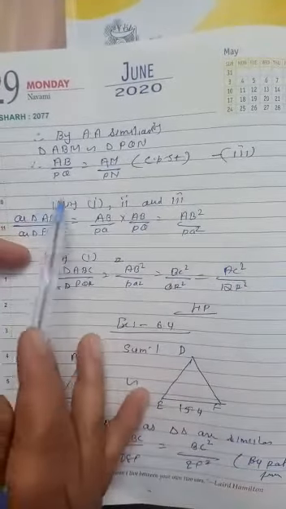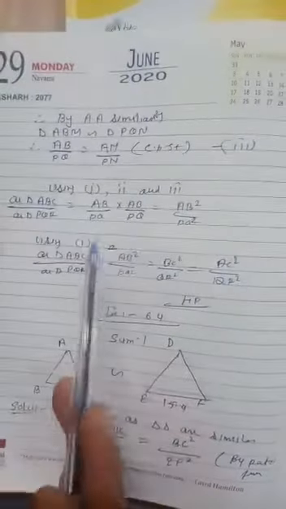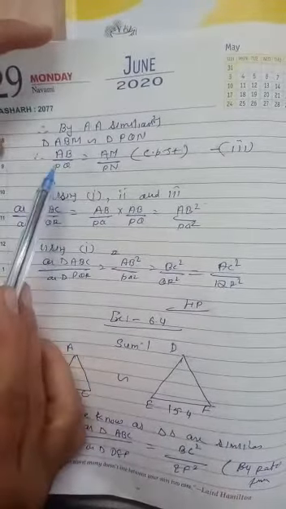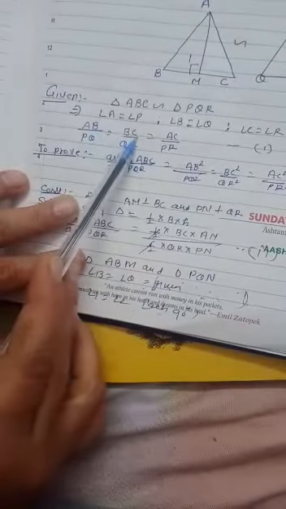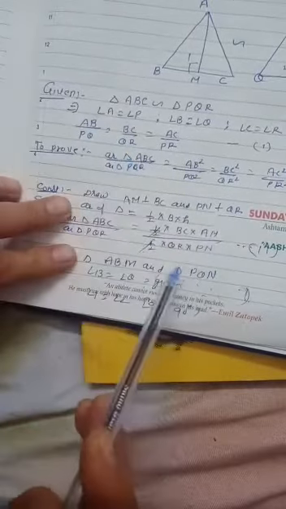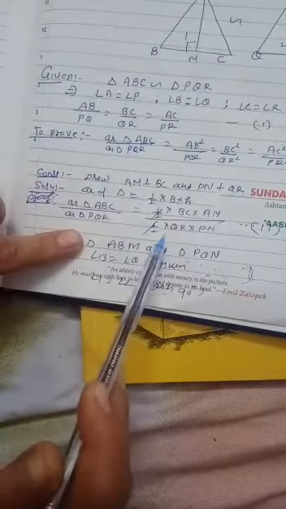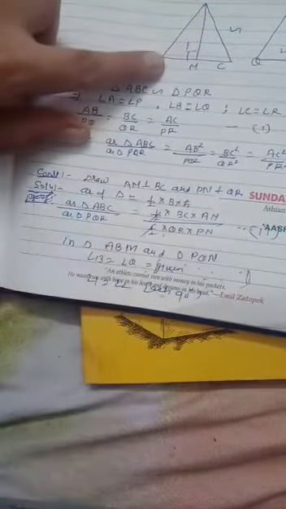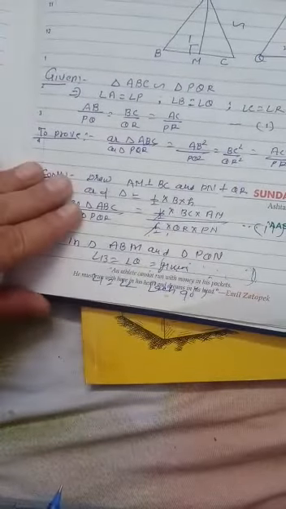Now using first, second, third. First we have told AB upon PQ is equal to BC upon QR. From second we have found the area of triangle, and from third we have proved that the ratio of sides AB upon PQ is equal to the altitude ratio, that is AM upon PN.